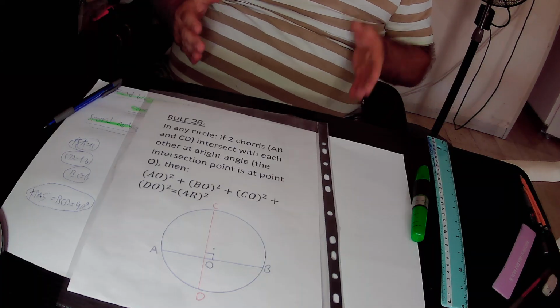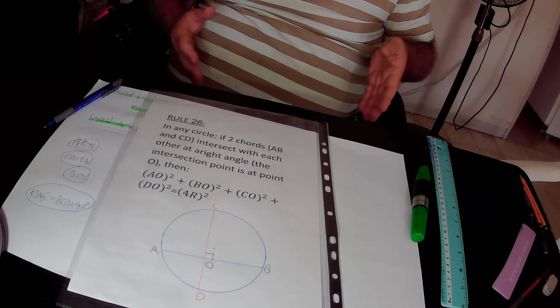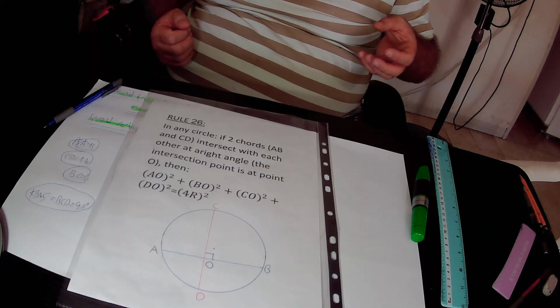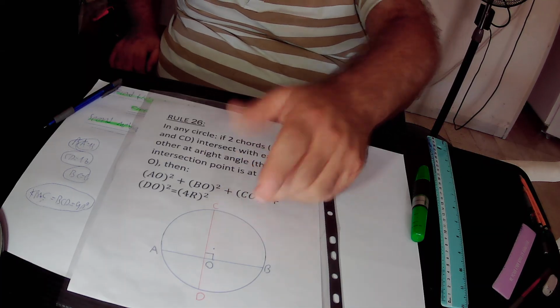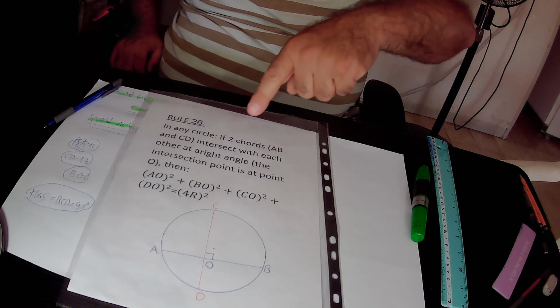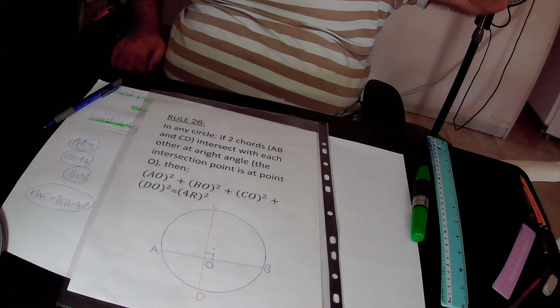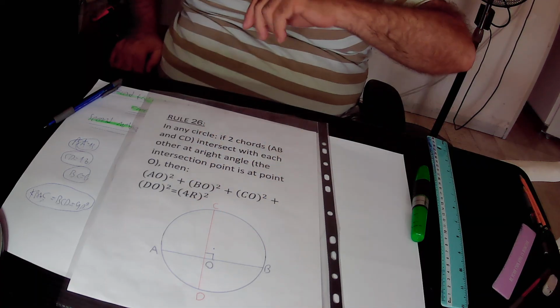Again, when two chords intersect with each other at a right angle, then AO square plus OB square plus CO square plus OD square equals 4R square, and R is the radius of this circle.